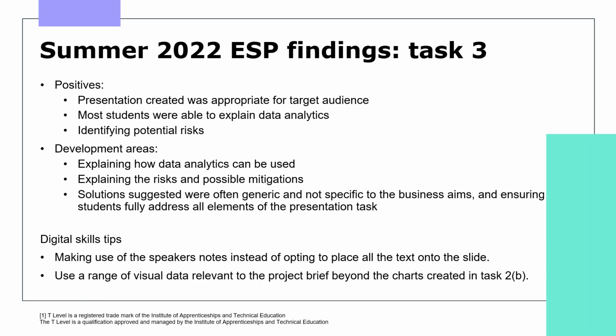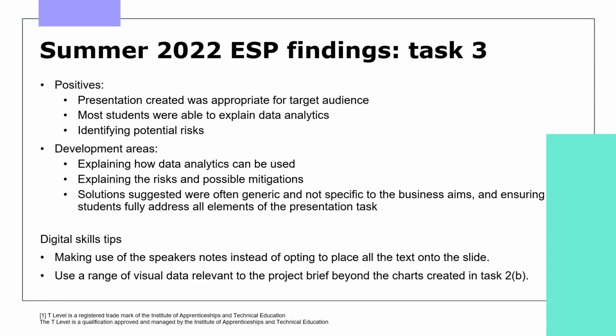Now there's also digital skills assessed here, and really they try to help students get the higher level for the digital skills. They should make more use of the speaker notes on the presentation software they use, as the chief examiner noted that many students opted to have all the information directly on the slides.